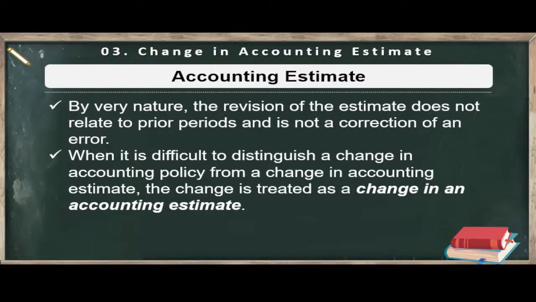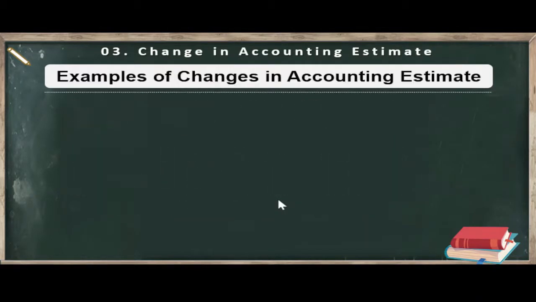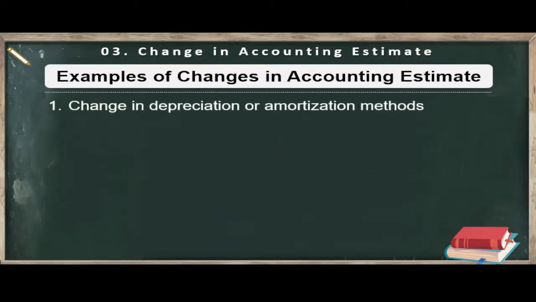As a result of the uncertainties in business activities, many items in financial statements cannot be measured with precision but can only be estimated. So estimates may be required for doubtful accounts, inventory obsolescence, useful life, and residual value of asset and warranty cost. So what are examples of accounting estimates? It could be change in depreciation or amortization methods.